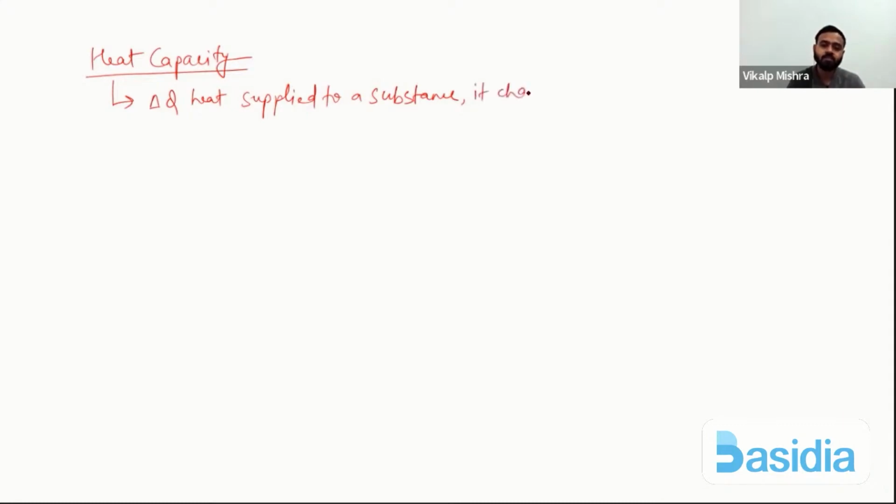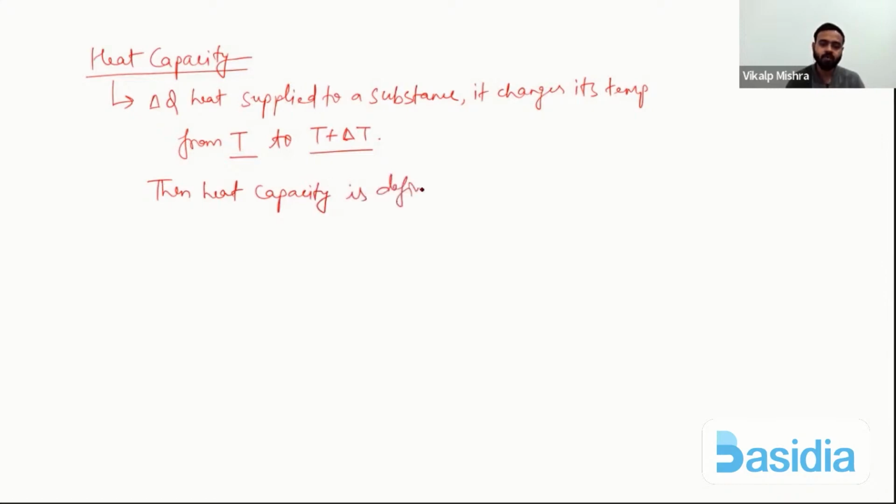It changes its temperature from T to T plus delta T. If we assume we are giving a heat delta Q to a substance, the substance temperature changes from T to T plus delta T. That means the change in the temperature is delta T.